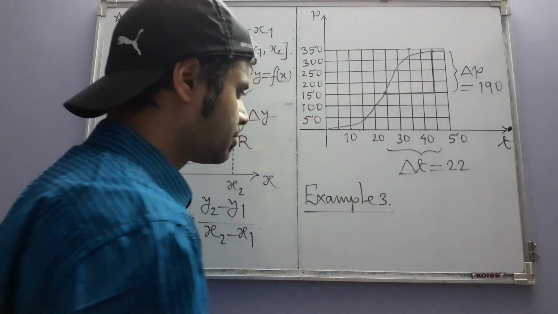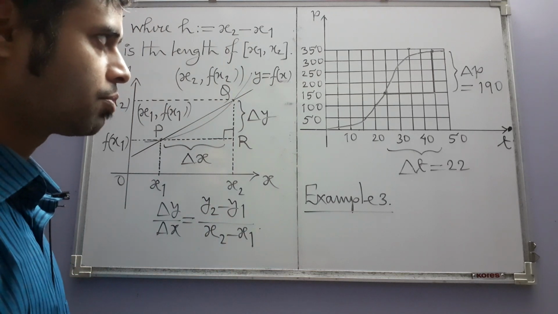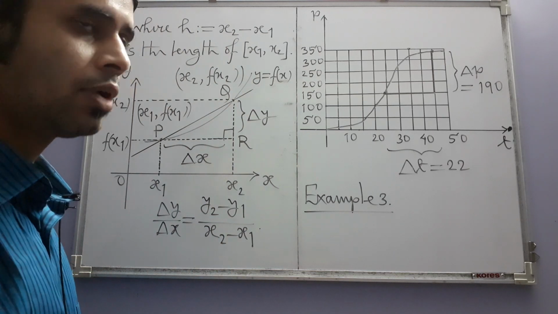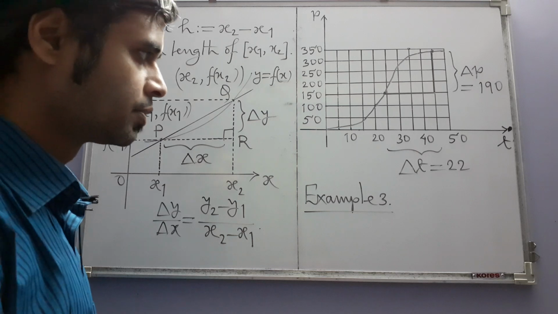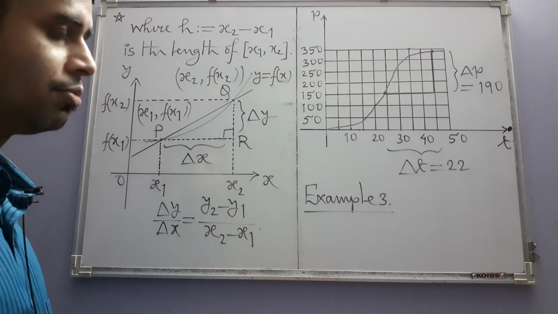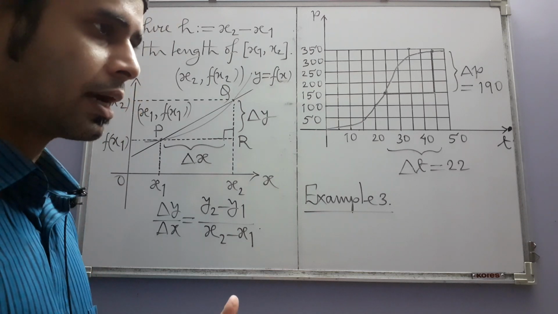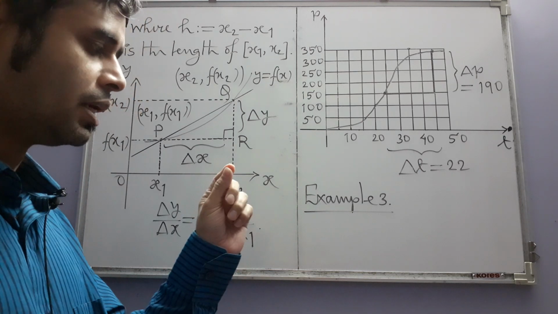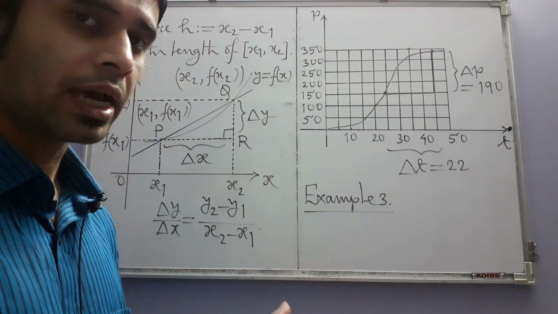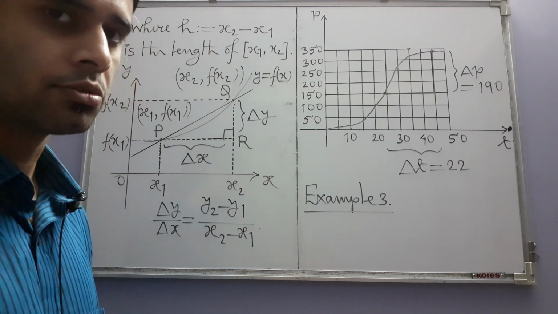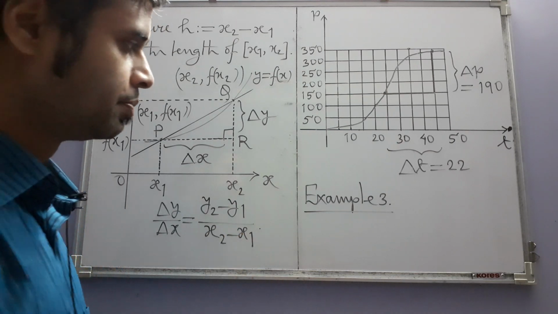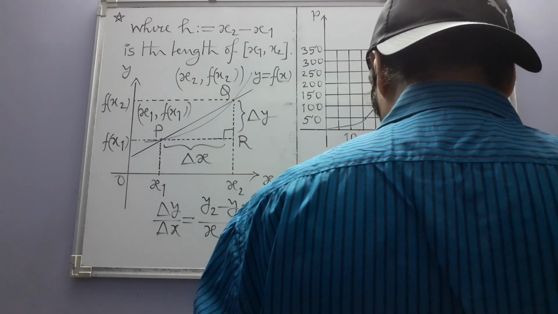So example 3 involves the population growth of fruit flies or Drosophilus. If you leave some fruit in the open, after some time, some very small flies will be flying around it. So those are Drosophilus, extremely small. So it's about their population.